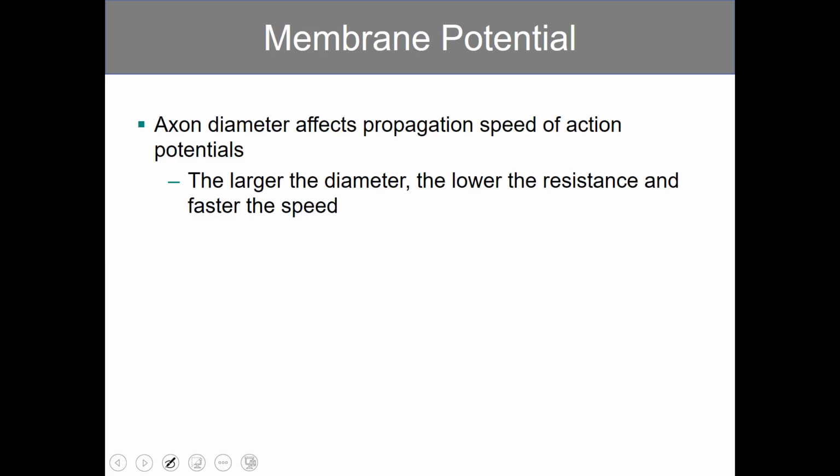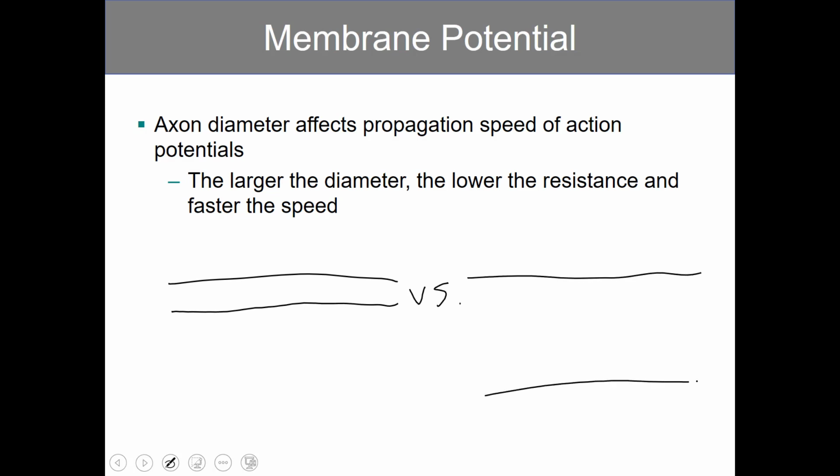In addition to the presence of myelin affecting the speed, we can also look at the diameter of the axon. So if we have two axons that are the same length, but one is considerably larger in diameter, we see that the larger diameter has a lower resistance and therefore a faster speed.